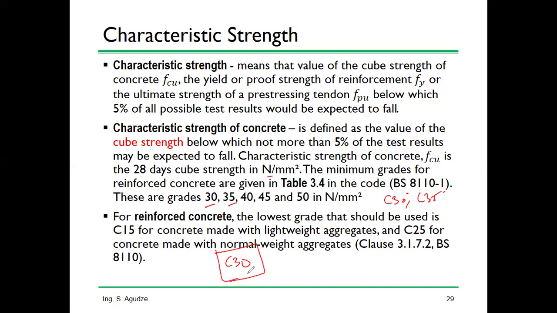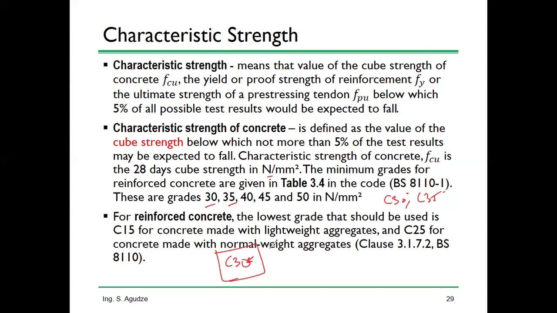If we test the cubes, of the values you have for each of the cubes, 95% should be above 30. So if you have more than 5% falling below the value 30, it means your ratio is not good and it cannot be used to achieve this strength. That's basically the meaning. So that's the characteristic strength of concrete.